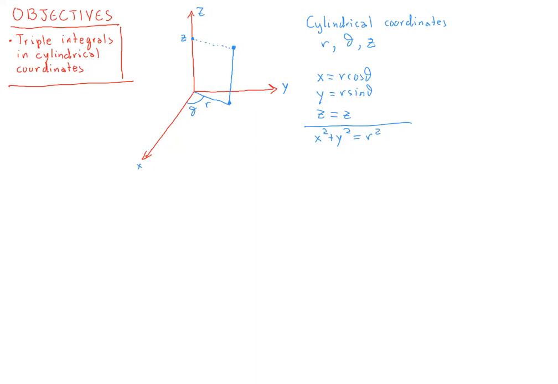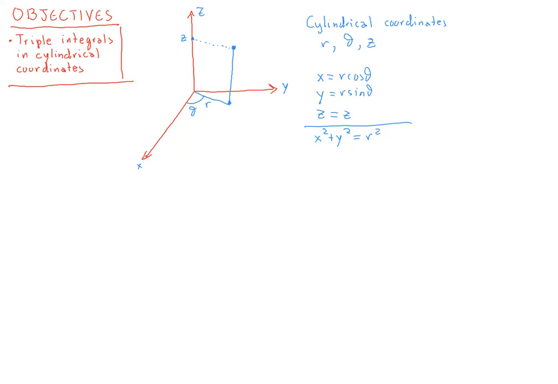And of course, that is done by using the formulas that we just gave. And last but not least, the last step is the Jacobian, the distortion factor, that tells us how the volumes of small boxes with dimensions delta r, delta theta, and delta z can be expressed.